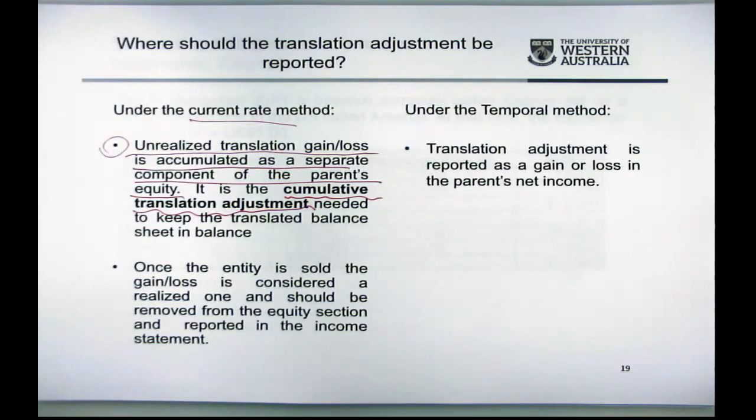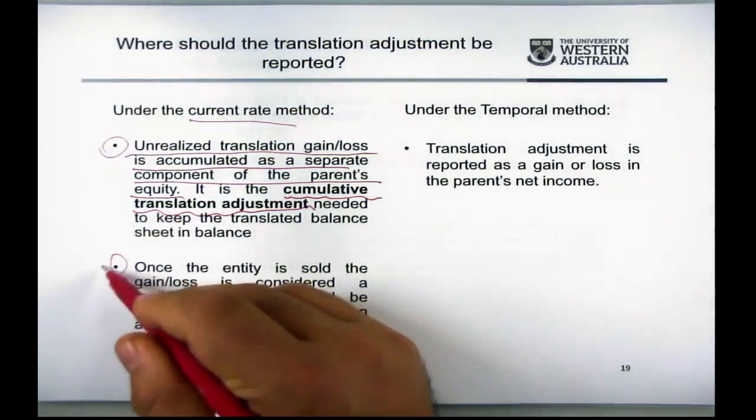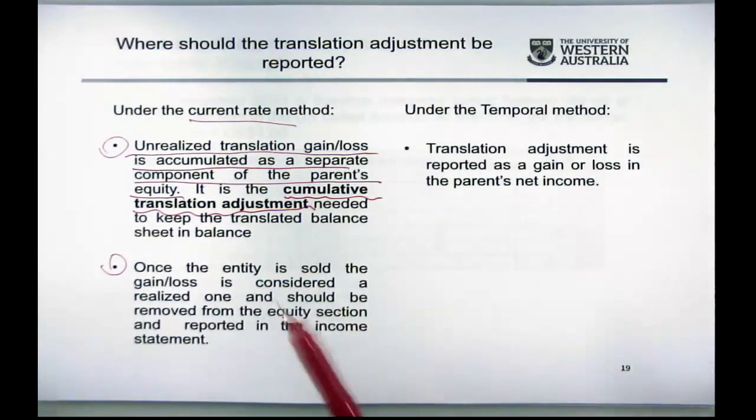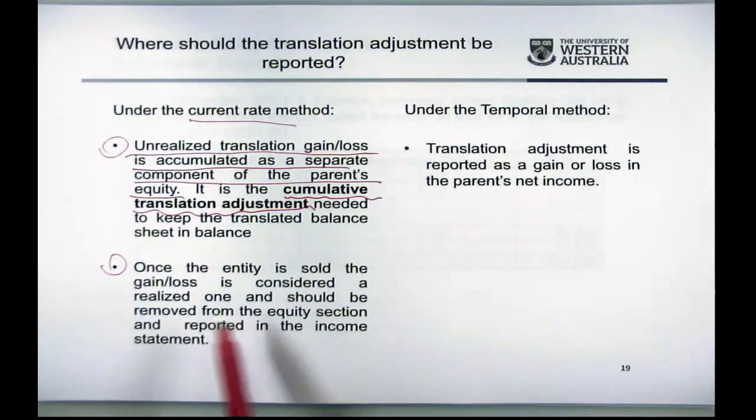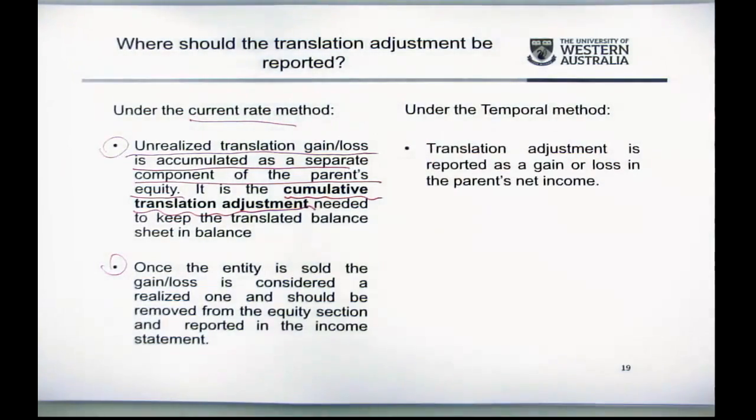Now, if the parent firm decided to sell off its overseas subsidiary or operations or close down the business, in this case, the gain or the loss becomes realized, and the firm should remove this account from the equity, and any gain or loss should be reported in the income statement. Make sense? Okay. This is the treatment under the current rate method.